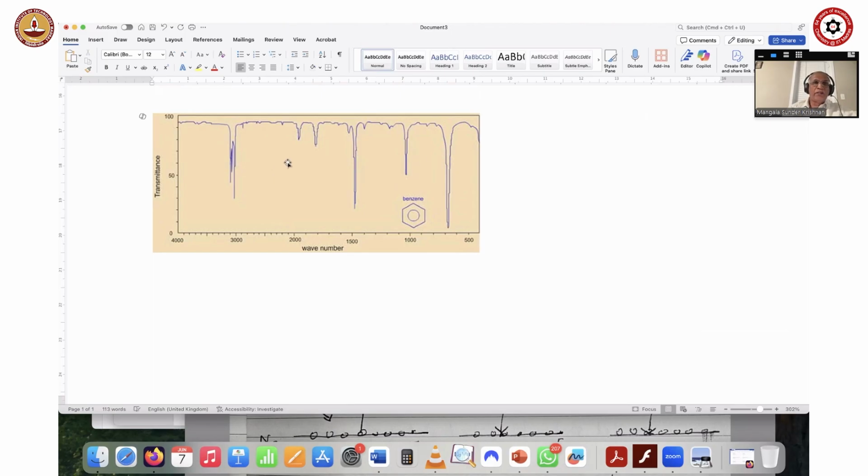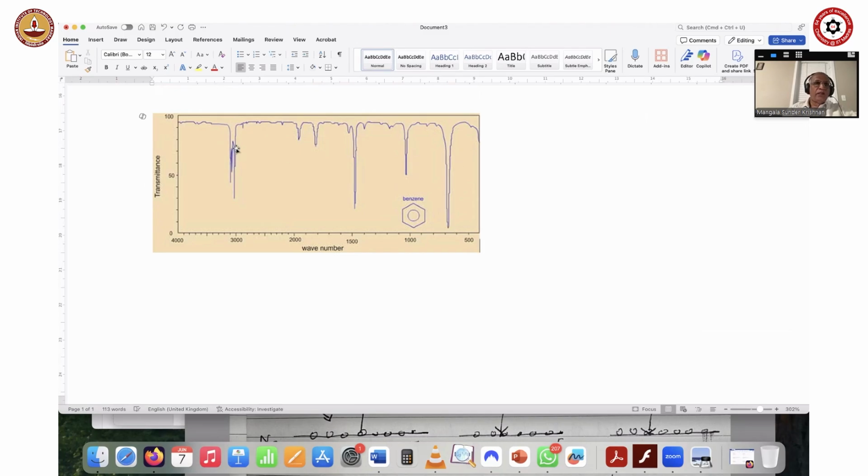So the line intensities tell you about the statistics of the molecular populations: how many molecules are in one excited vibrational state, how many are in another vibrational state. So it is statistics, the number. The population density is approximately represented by the line intensities.